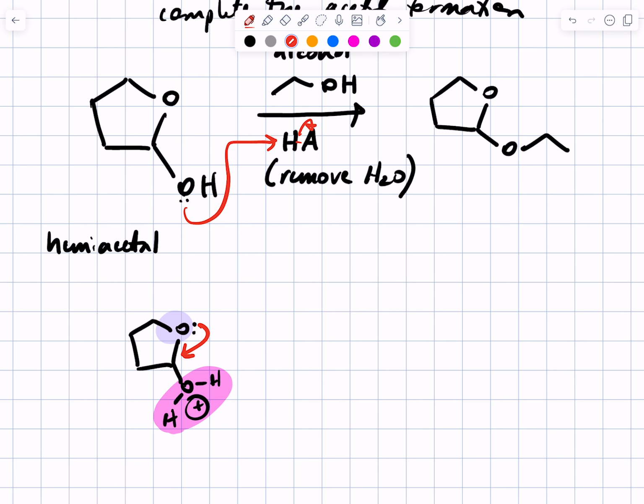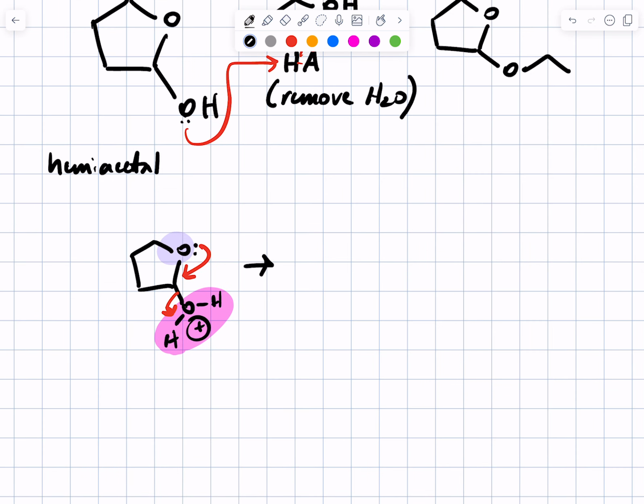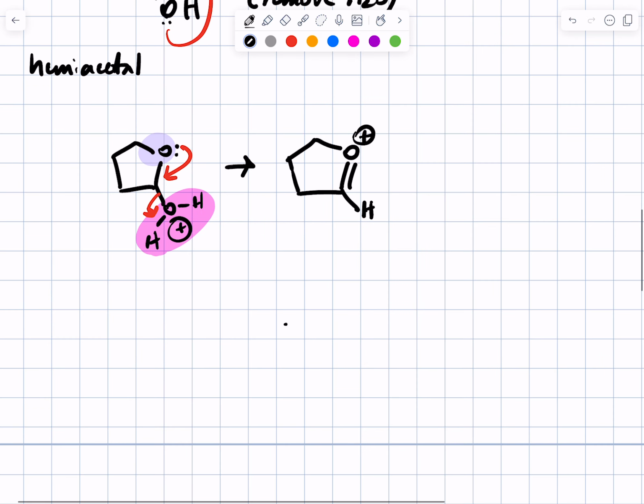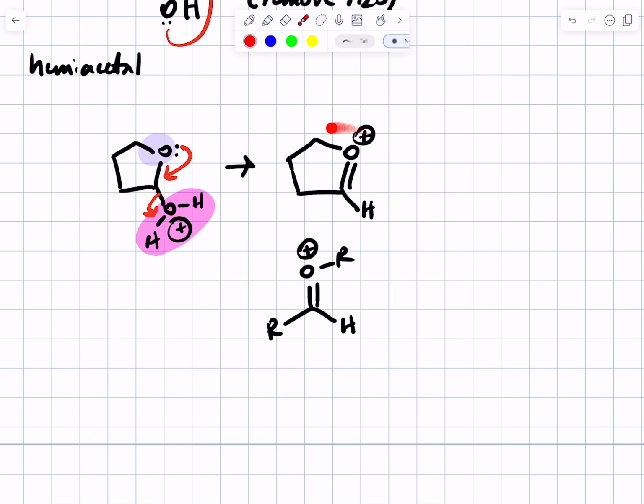Okay? That's going to generate an oxonium ion that looks like this. Again, if you're not good at pattern recognition yet, you're going to look at that and think, what the heck just happened? If you go back and compare what we drew in acetal formation, the only difference between this up here and this here is these OR groups are tied to each other.